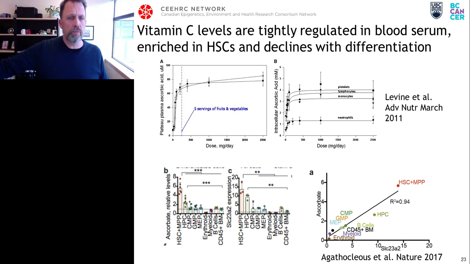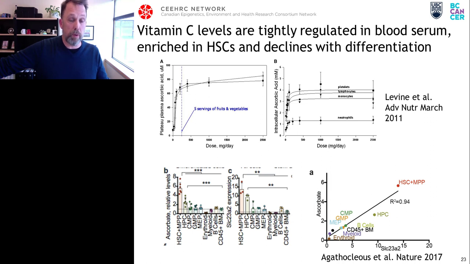This was recently confirmed and then extended by Sean Morrison's group, publishing last fall, showing that if you break down the blood cell types into hemopoietic progenitor cell types, such as HSCs and multi-progenitor cell types, you see that the increase in vitamin C concentration is associated with these progenitor, stem cell-like cells.